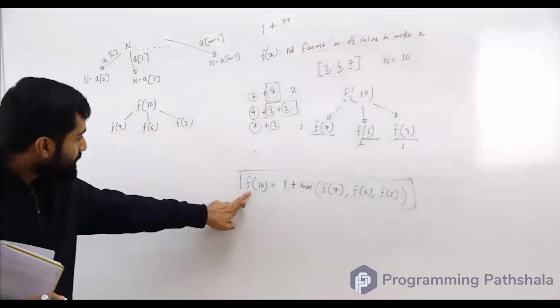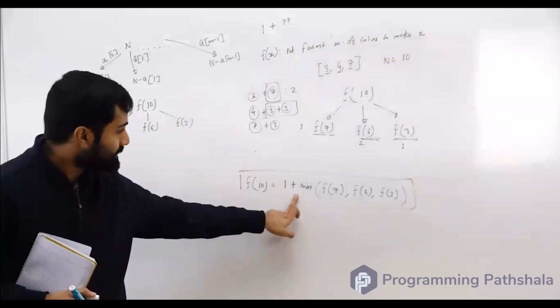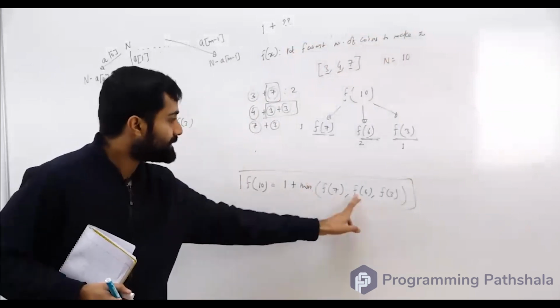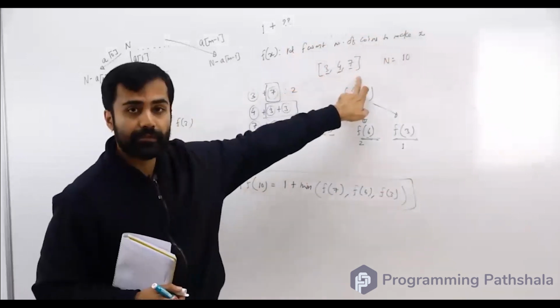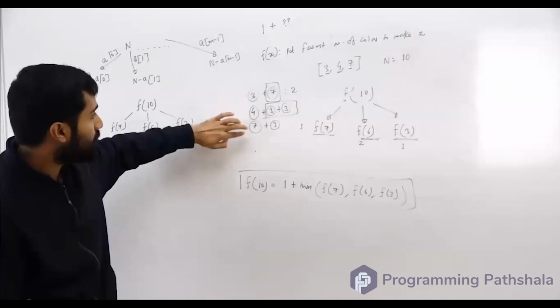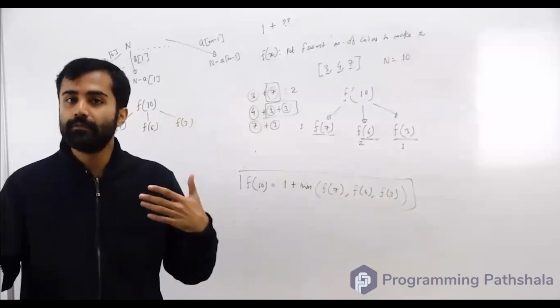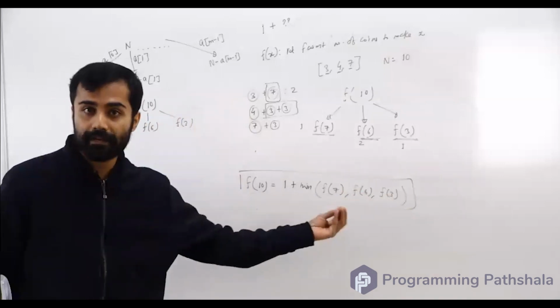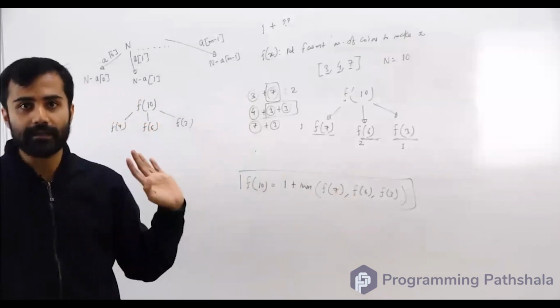So I'm saying the fewest number of coins needed to make 10 rupees is equal to 1 plus the minimum of this, that. Why am I doing 1 plus? Because the moment I made my first choice, I already took 1 coin. It was either a 3 rupee coin or a 4 rupee coin or a 7 rupee coin. Now these are the remaining amounts. So if somebody tells me the minimum number of coins to make those amounts, I can take the min of those, add 1 to it, and that will be my answer.